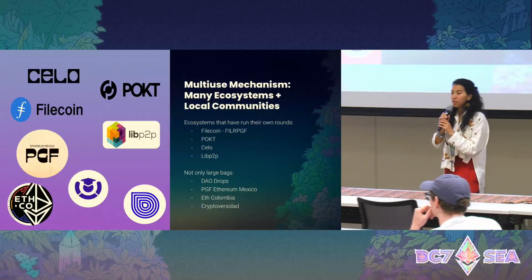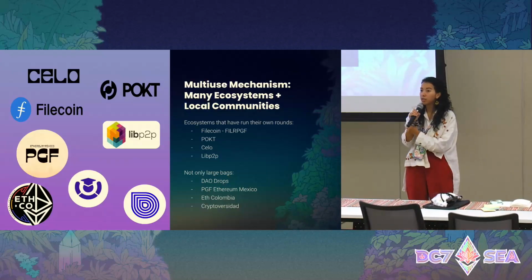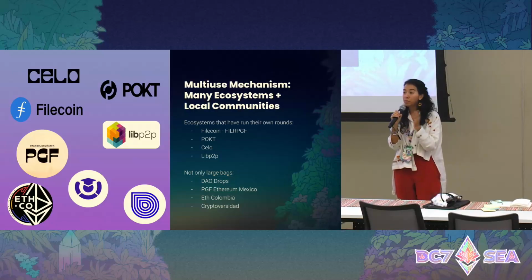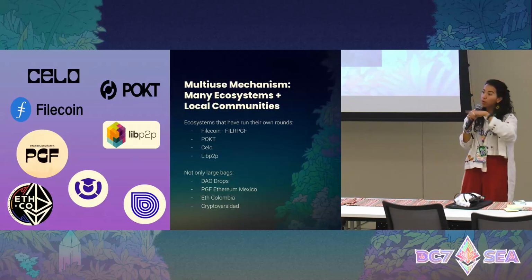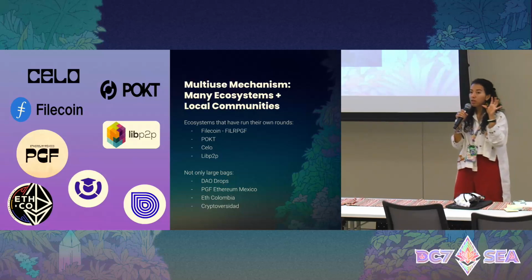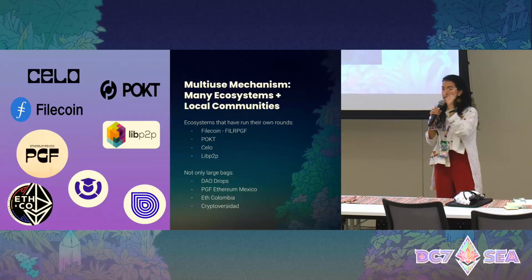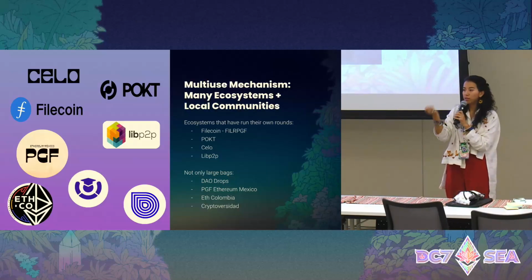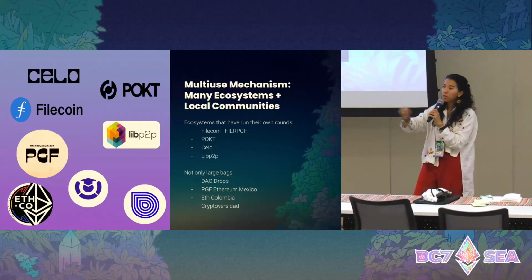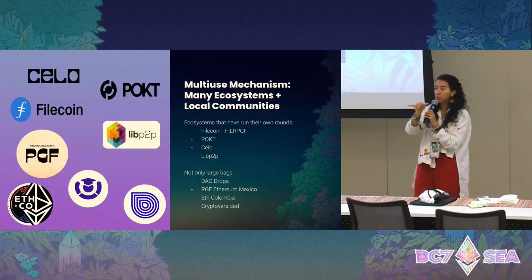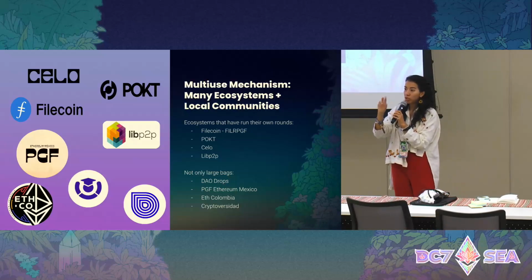Perfect. So for each of the Optimism rounds, there have been hypotheses set at the beginning of the rounds in terms of lessons learned from the previous rounds, and why they are making the design changes that they are doing. Say now we're going for impact metrics based voting, and we're doing this because we expect that people are going to have an easier time deciding which type of metric is more relevant to them.